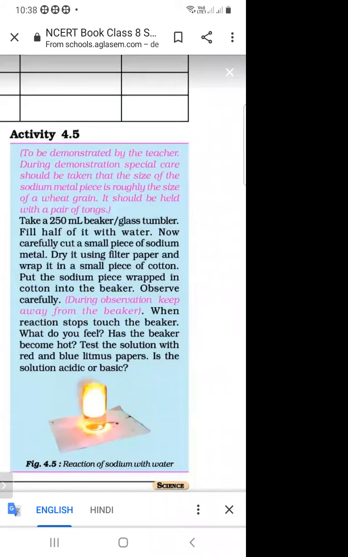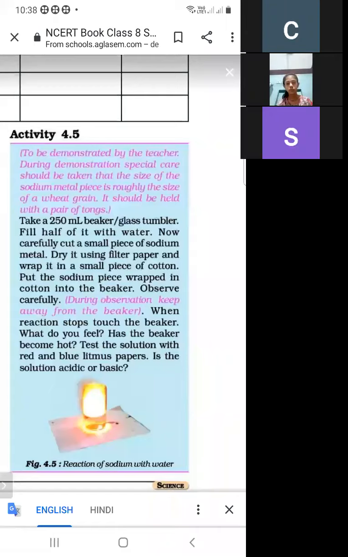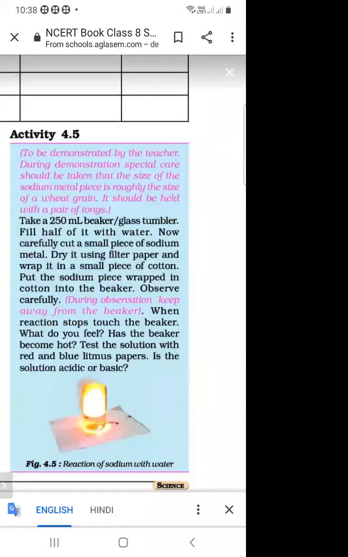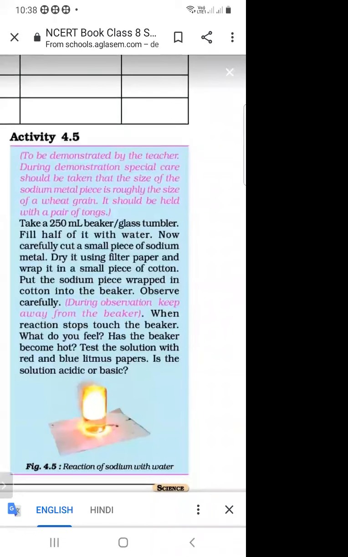During this experiment, we take a 250 ml beaker and fill it halfway with water. Then we take a small piece of sodium metal about the size of a wheat grain, wrap it in cotton, and put it into the beaker.